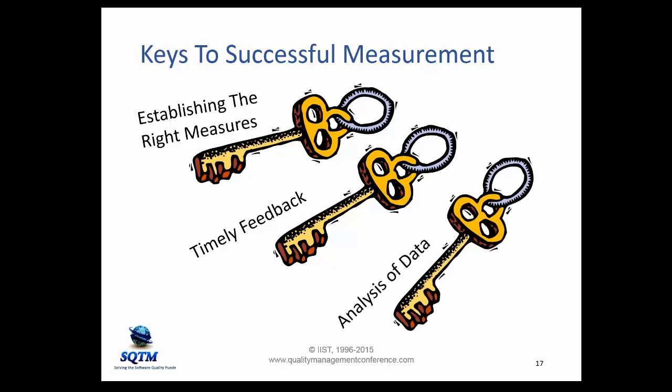And we need to analyze the data. We're very good, in fact, about collecting data and measures, but the analysis a lot of times falls through the cracks. So in order to be successful with our measures, we have to have analysis of that data.